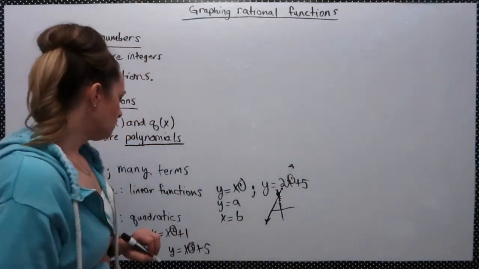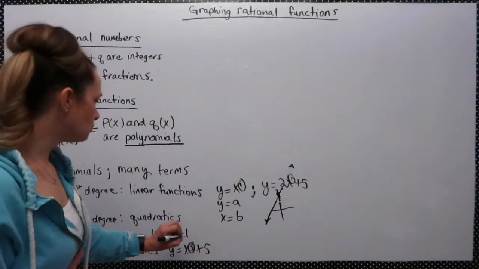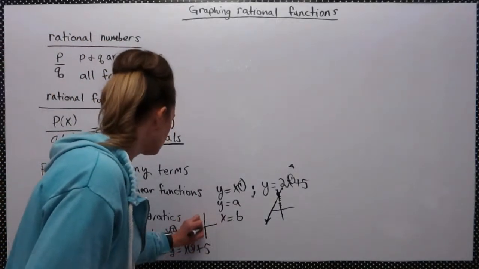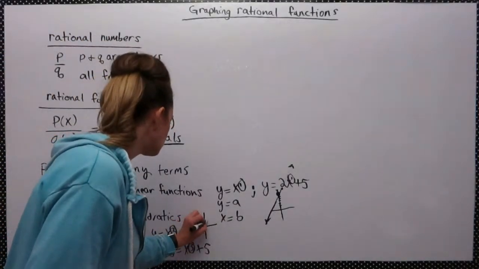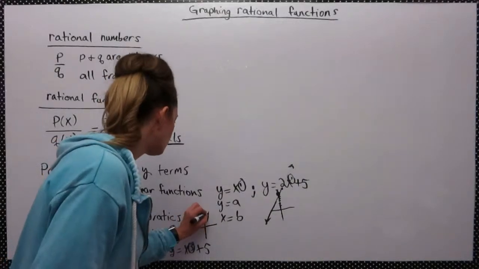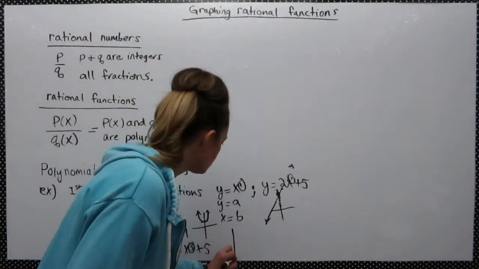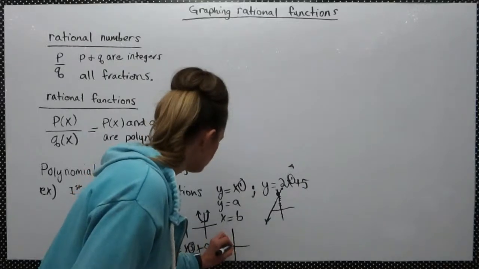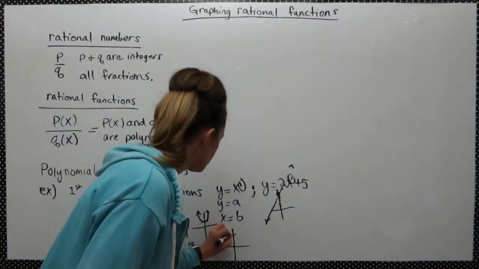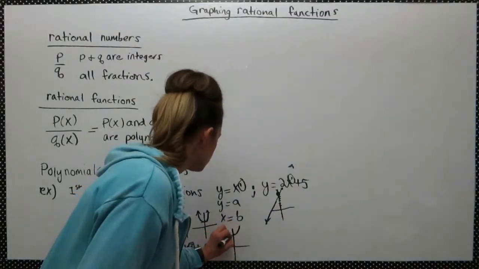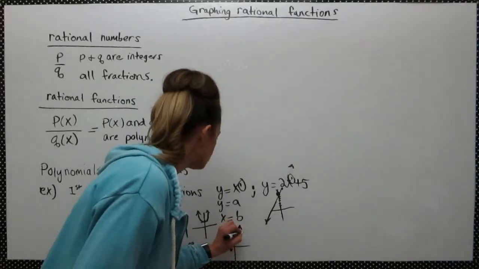For your square graph here, this is centered at the origin, and you have a shift up 1 for your quadratic. Your cubic graph will be up 5, but what it's doing is having symmetry about the origin.